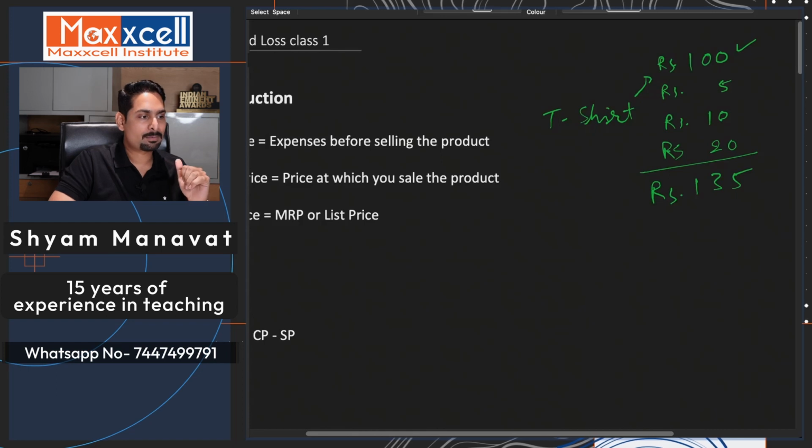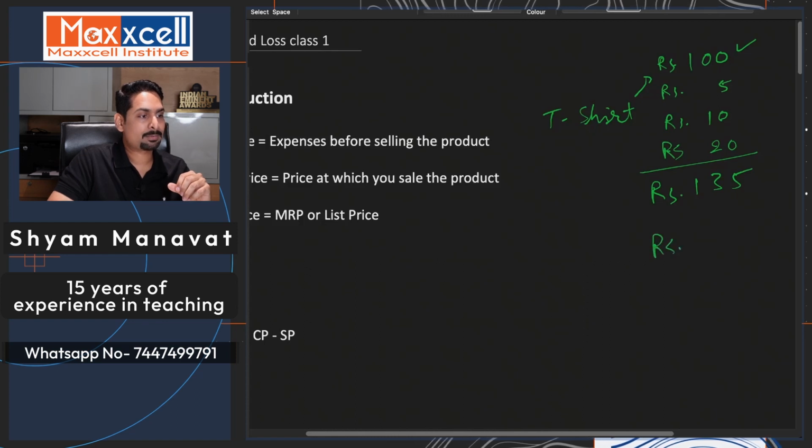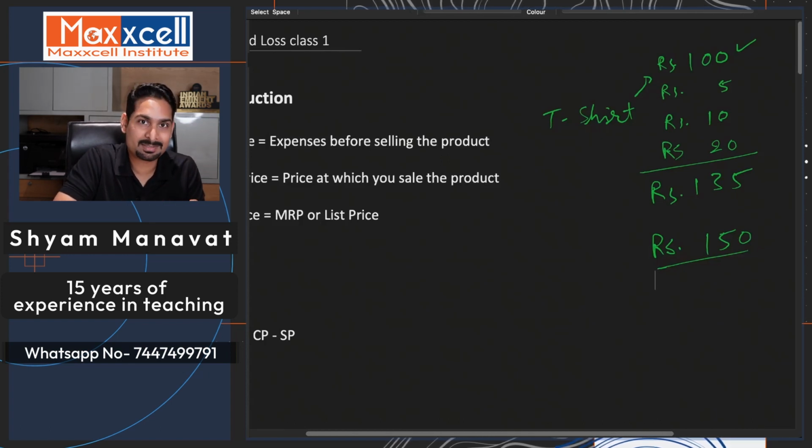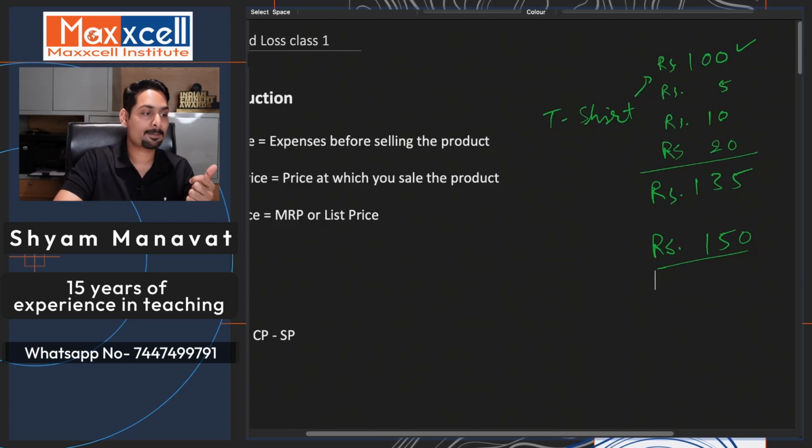Now you sell this product to the customer. You sell this t-shirt to the customer at say 150 rupees. Now tell me one thing, are you not going to offer any discount? Yes, definitely. You have to offer some discount to attract the customers, right?